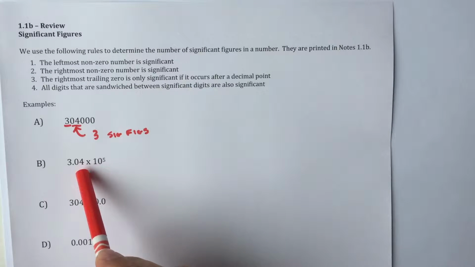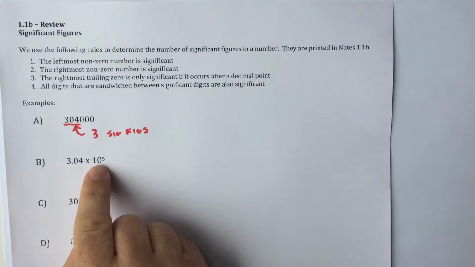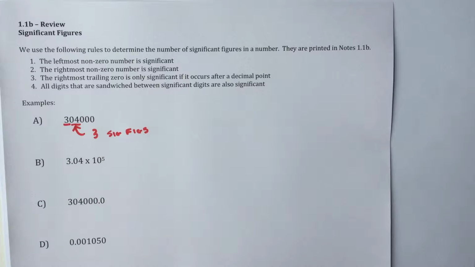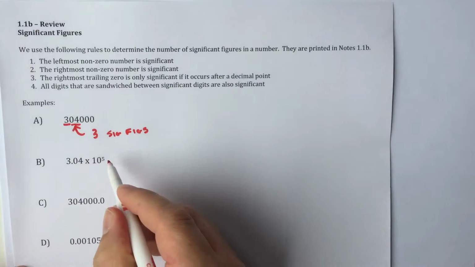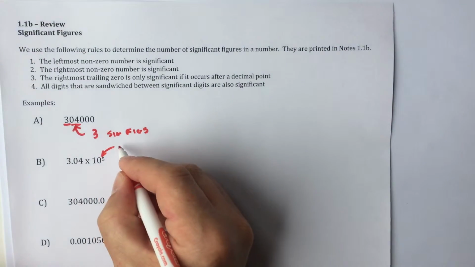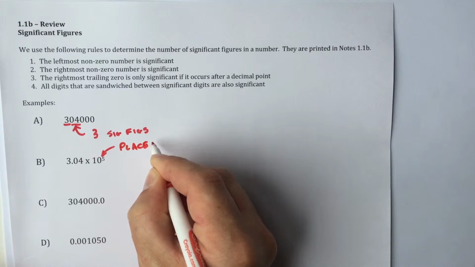Next, I have the same number written in scientific notation. You see, this is 3.04 times 10 to the 5th. That's the same as 304,000. And truthfully, the same is true. You see, this 10 to the 5th is just a way of marking off place values.